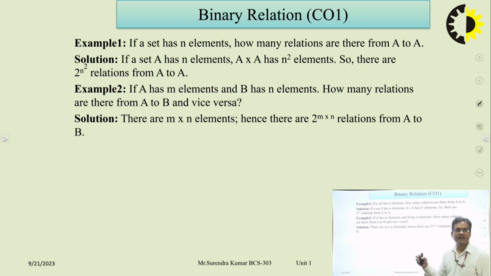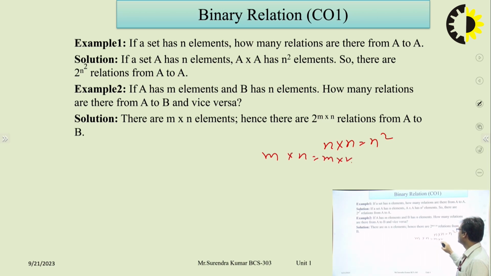If a set A has n elements, its Cartesian product will have n cross n, that is n square elements, right? Or if it's m cross n, that is m times n elements. In this way you can find the number of elements in a Cartesian product. So there are basically 2 raised to the power n square relations from A to A.